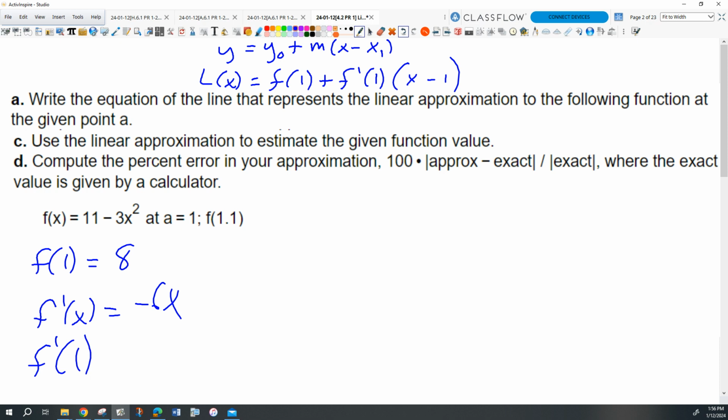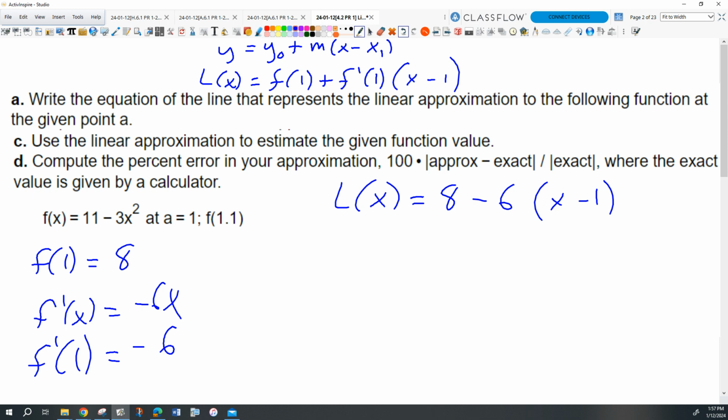So f prime of 1 is negative 6. So we can plug everything in there. Our linearization then just becomes L of x equals 8 plus negative 6 times, and I'm going to write that as minus 6 times x minus 1. There's our linearization.